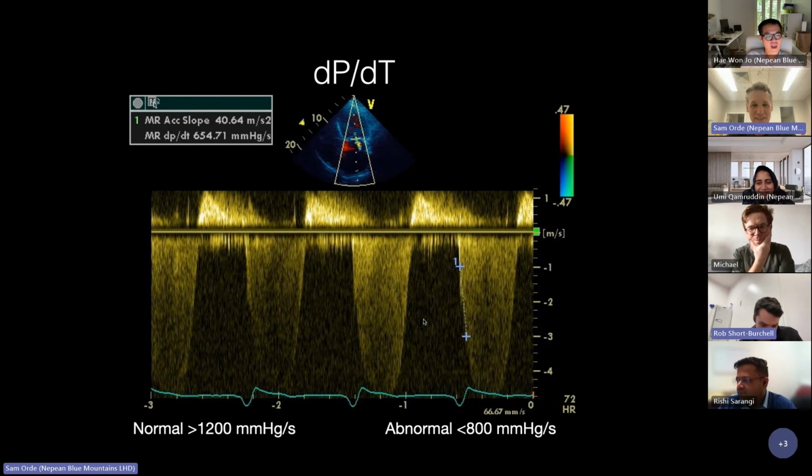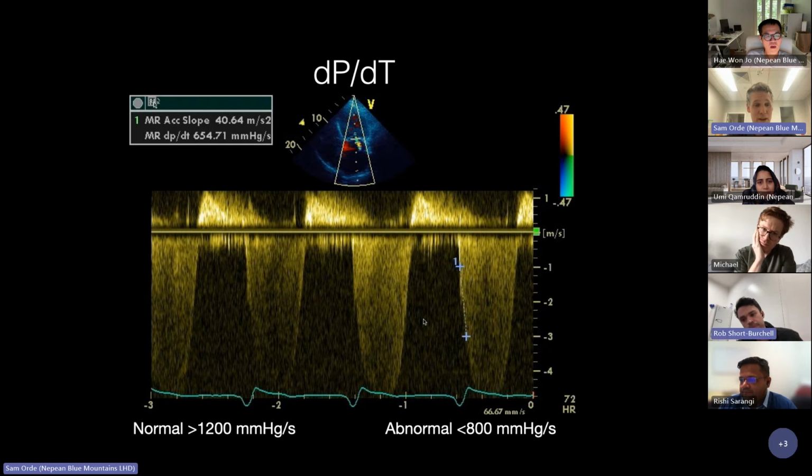Fantastic. Can I ask Sam as well, in the situation of severe MR and trying to quantify LV function in that setting, when someone's got what looks like a good-looking ventricle that's functioning well, but you're not sure whether it's actually performing well compared to where all that flow is just going backwards. Yeah, nice. I guess this is what Emma means by being less load dependent.